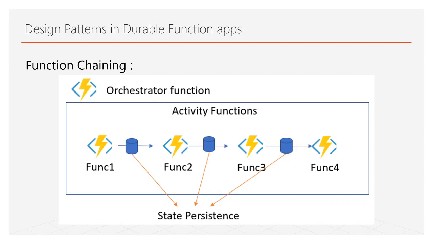The orchestrator function will always be interacting with a queue storage. There it will store that cache memory that yes, this line of code has already been run. So now this should not run and function 2 will be run. Then when function 2 ends, it will again call the orchestrator function. Now the orchestrator function wakes up. Now function 3 will be run. In this way, the function chaining pattern goes on.